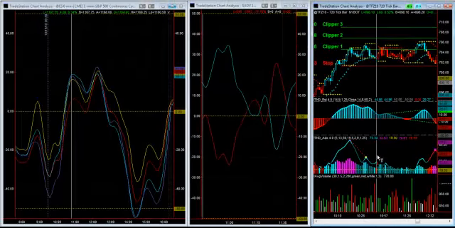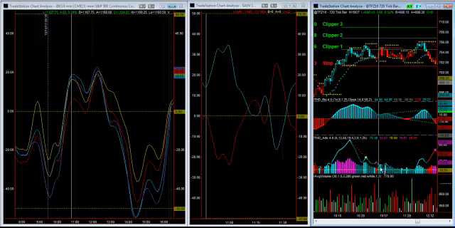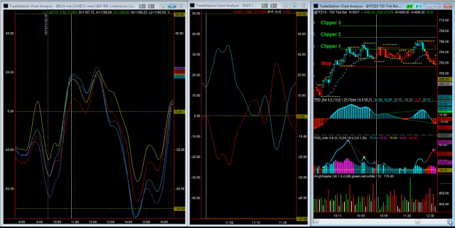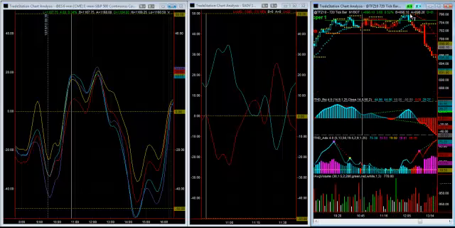You had one red bar, and that was to let you know that the sellers were unsuccessful at moving price down. That told me that price was not going to continue down. It's not ready yet. In fact, as normal market movement, it will come back and test this top. We know that from the ADX because we had magenta on the bars. They did go back and they did test the top here.